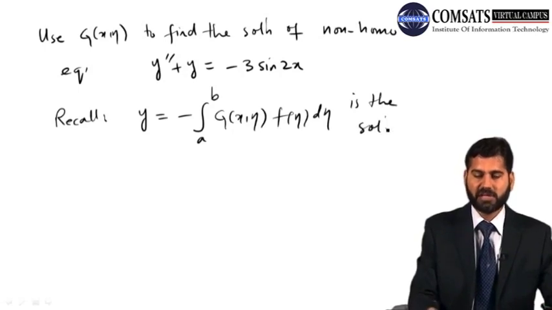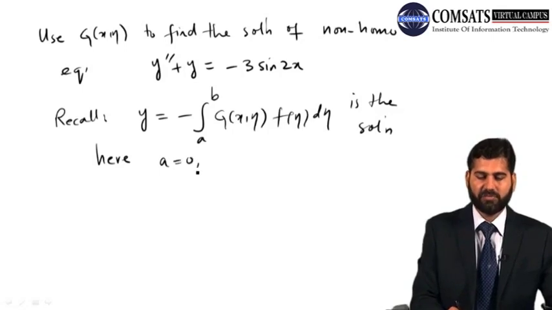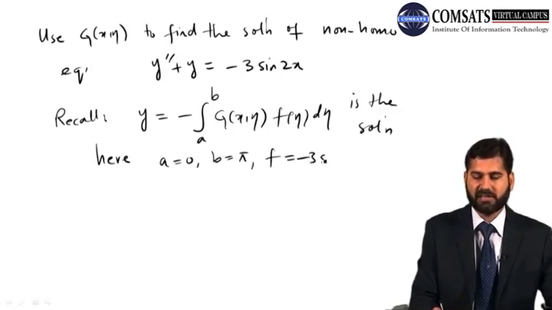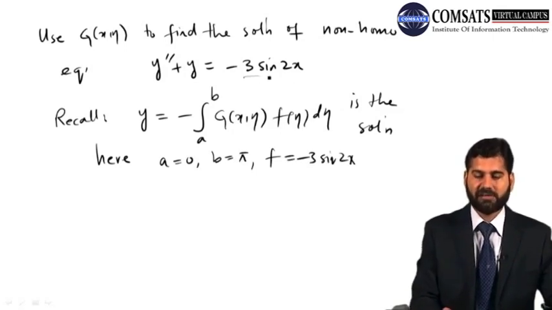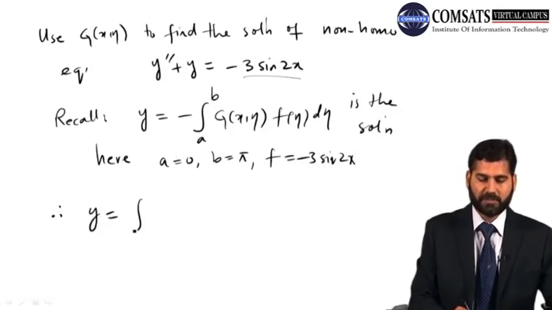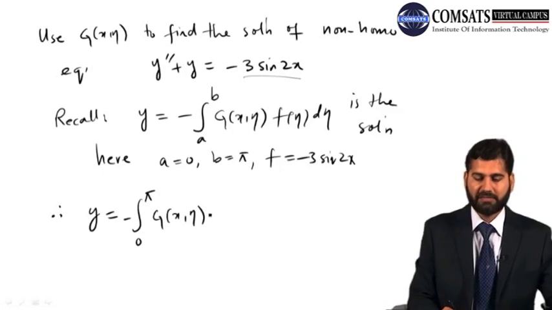In our case a is 0, b is pi, and f is minus 3 sine 2x. So therefore y is equal to minus the integral from 0 to pi of the Green's function times f(eta), which is minus 3 sine 2 eta, d eta.